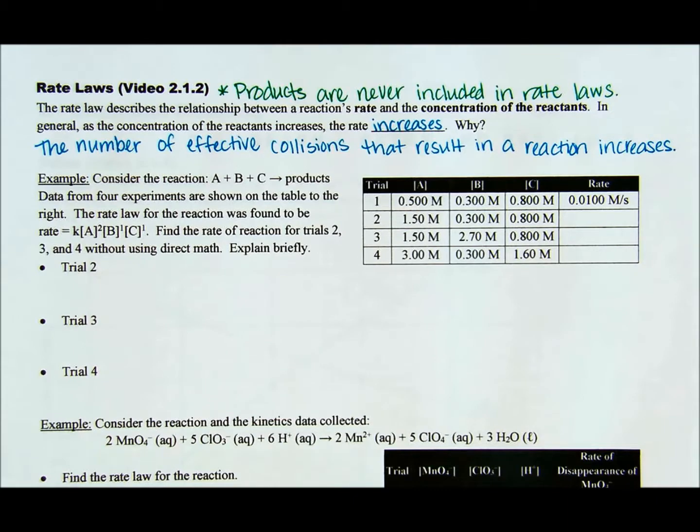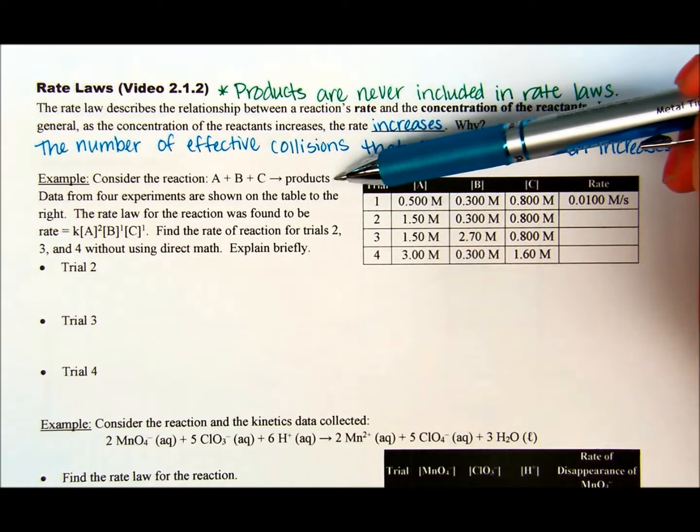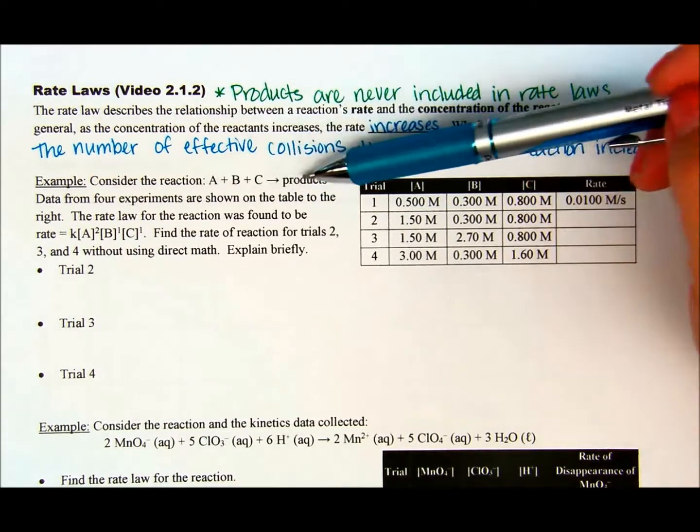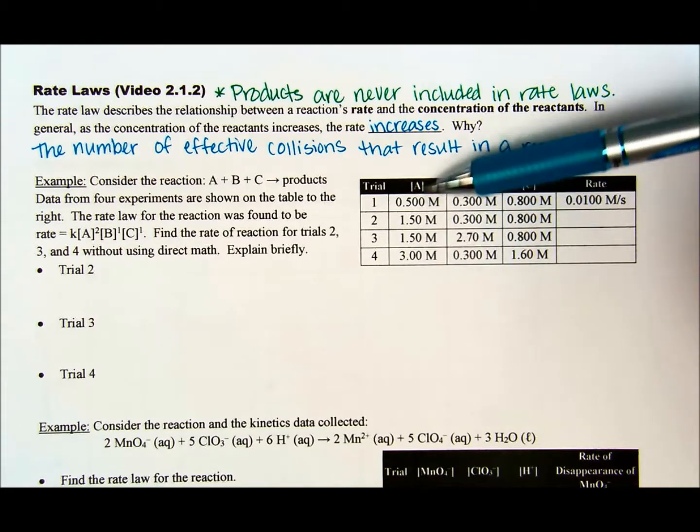Okay, let's look at an example here. Consider the hypothetical reaction of A plus B plus C goes to products. So again, we really only care about A, B, and C. We don't really care about products. Data from the 4 experiments is shown in the table to the right.